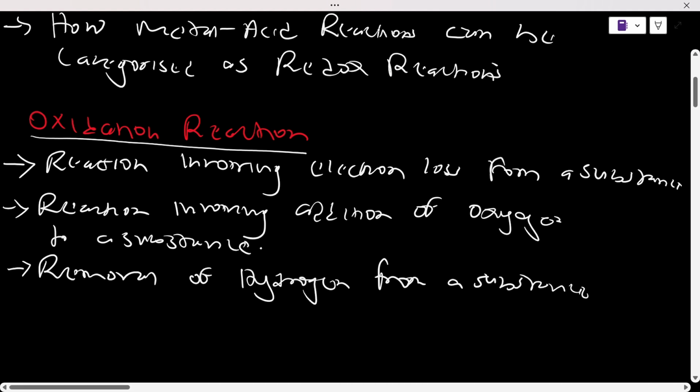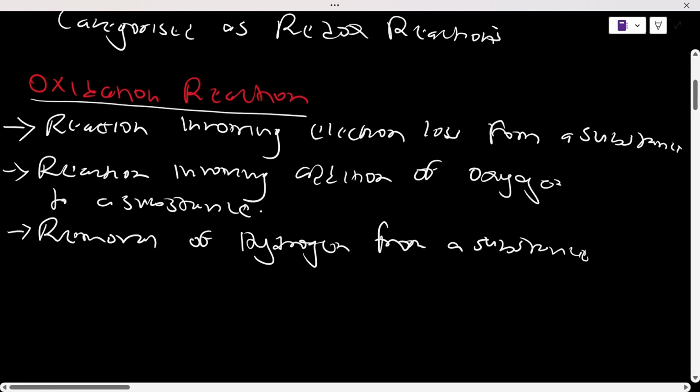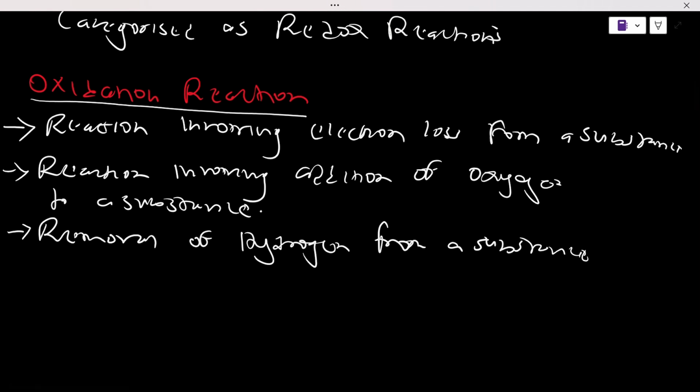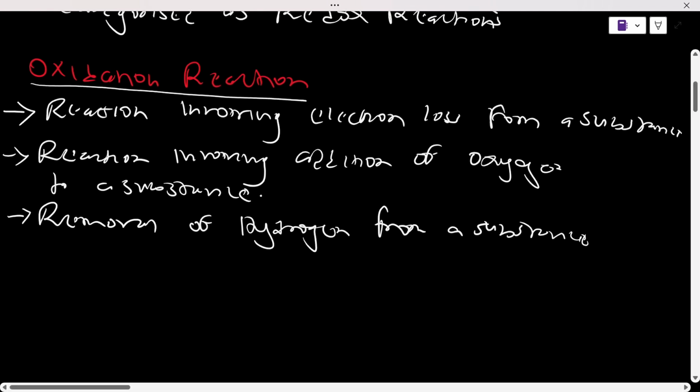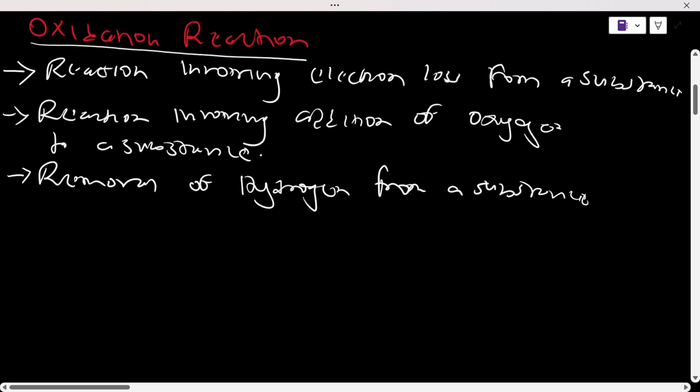Why? Because hydrogen is more electropositive. So when you remove it, that is another way of defining an oxidation reaction. Now, let me start with the most simple way.